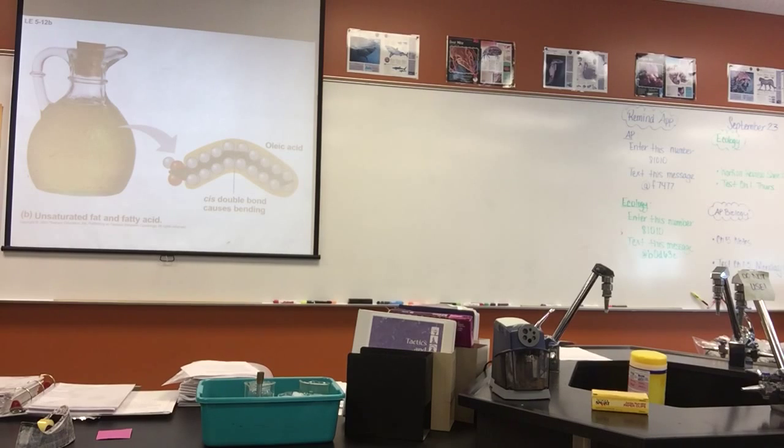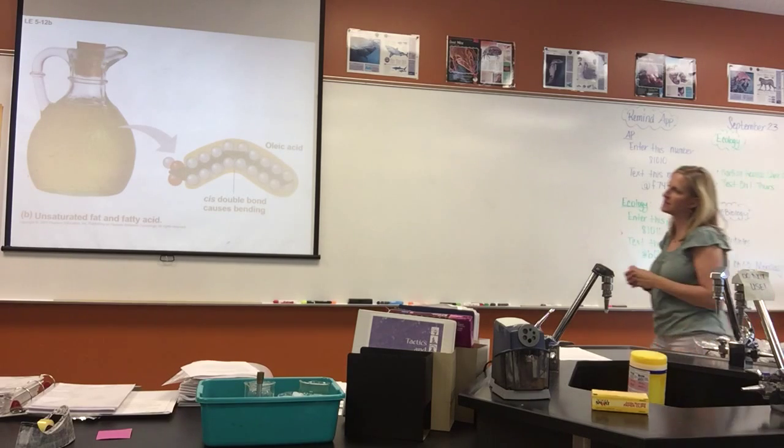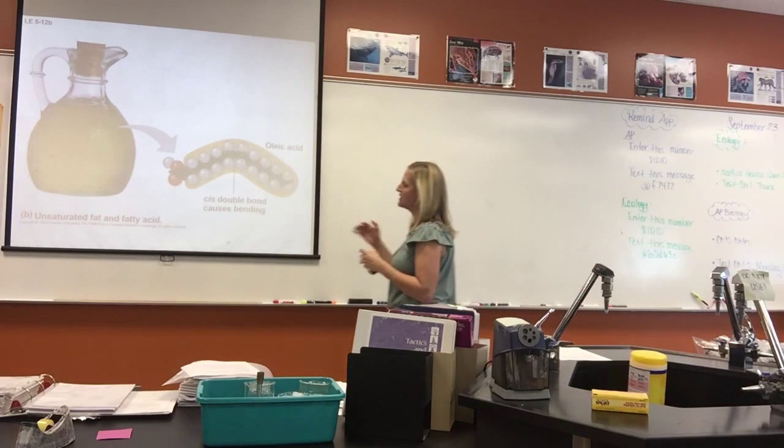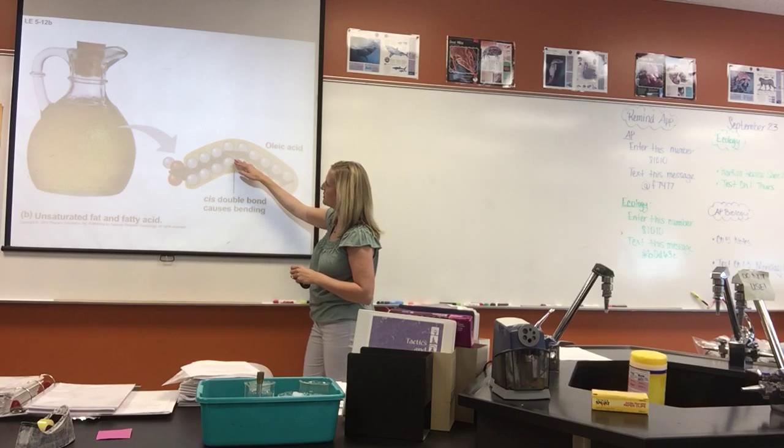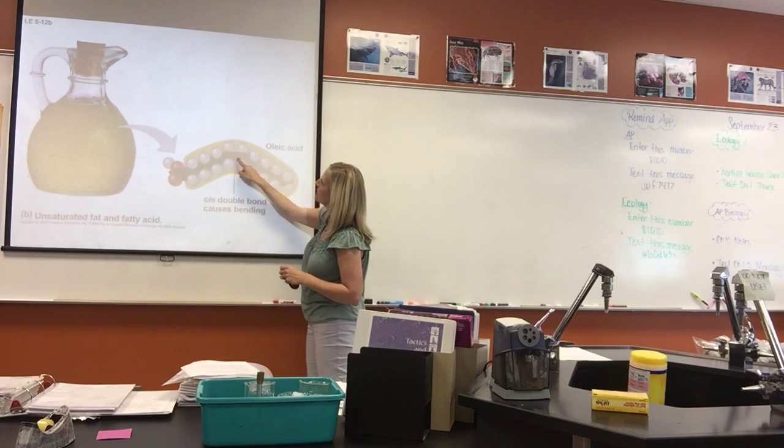And so notice here, here's just a flask of some oil, so it could be a vegetable oil. Because they have double bonds, that makes them unsaturated fatty acids, because of the location of the double bond. Look at here, this is where the double bond between the carbons would be.